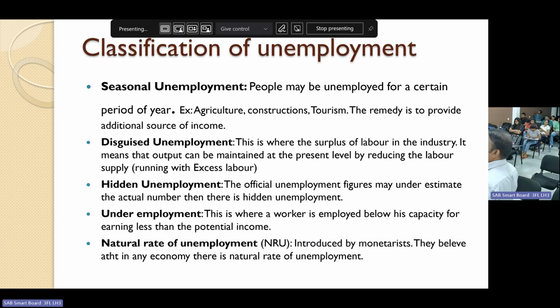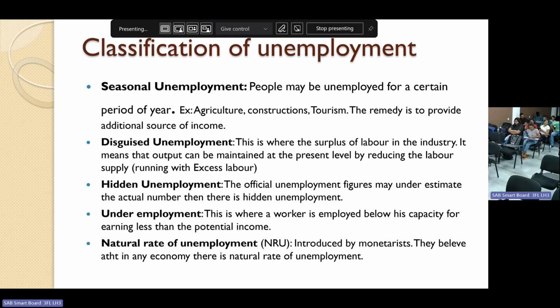Apart from that, we can identify seasonal unemployment. Sometimes in the tourism industry, when there are good tourist arrivals, employment increases. Likewise in the agriculture sector, and even in the construction industry, seasonal factors apply and seasonal unemployment can be seen.